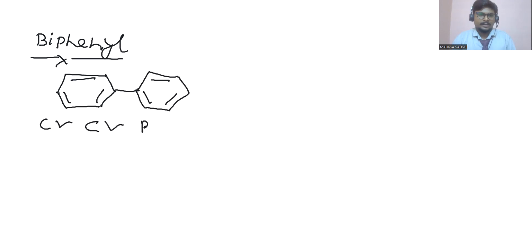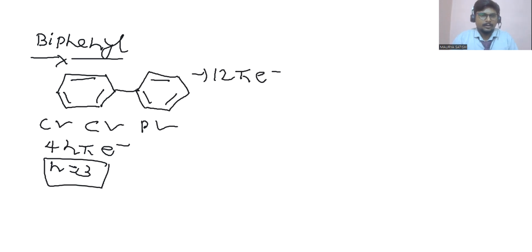Planar is also there. If you combine this and count the total pi electrons, you'll get 6, 6, 12 pi electrons. Obviously 12 pi electrons means it satisfies 4n pi electrons if you put n equals 3. So it becomes anti-aromatic, which is unstable.